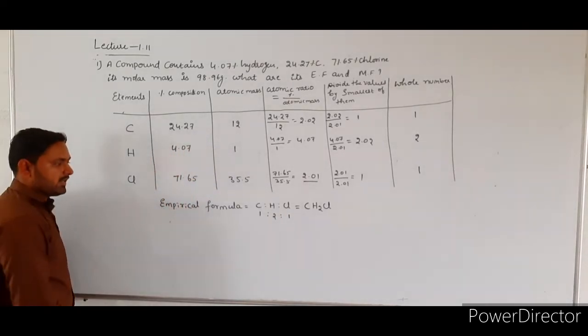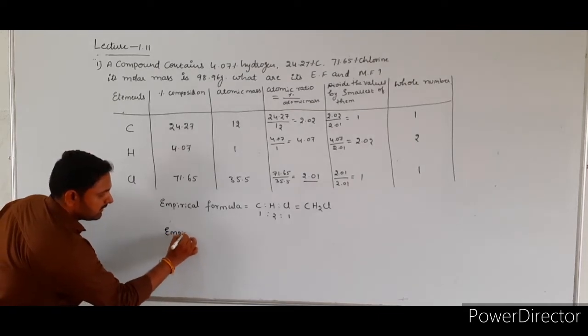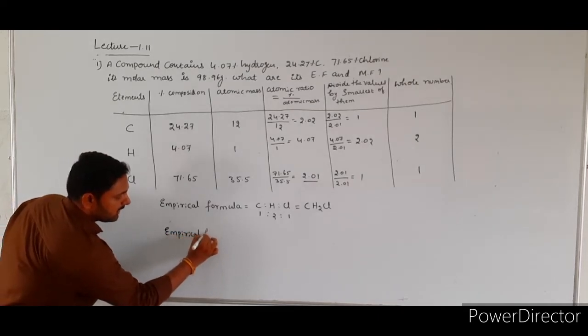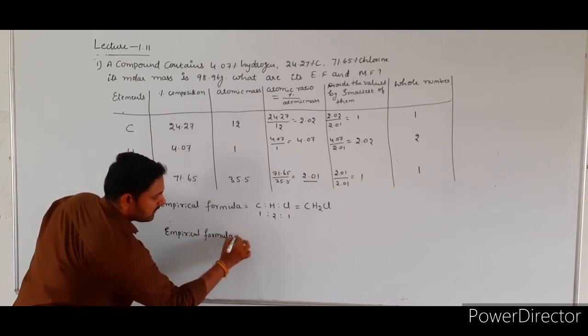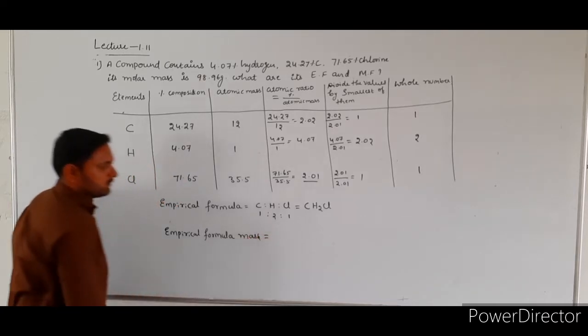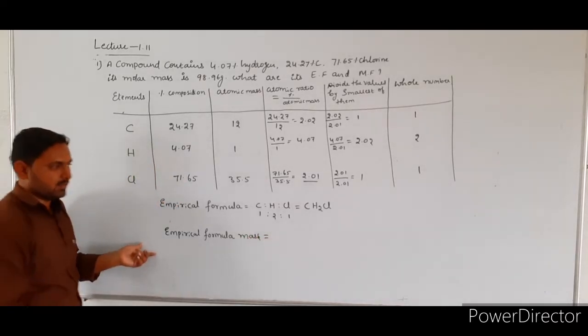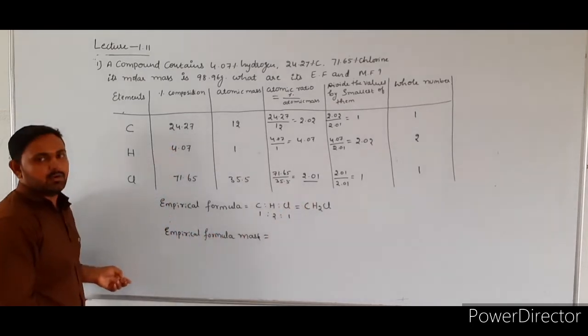Now you calculate the empirical formula mass. Empirical formula mass is equal to the mass of this formula. How do you calculate it?